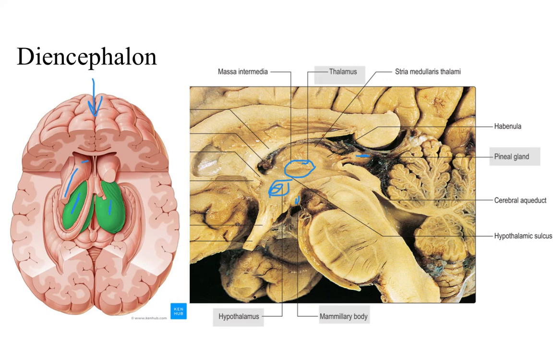The hypothalamus is where all of the set points for your major homeostatic regulation mechanisms are housed, so your body temperature, things like that. The pineal gland is responsible for secreting melatonin at night to regulate circadian rhythm sleeping, and the mammillary bodies play a role in memories, specifically our ability to recall memories.